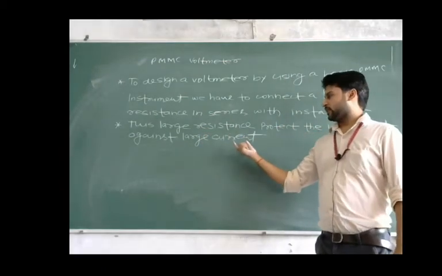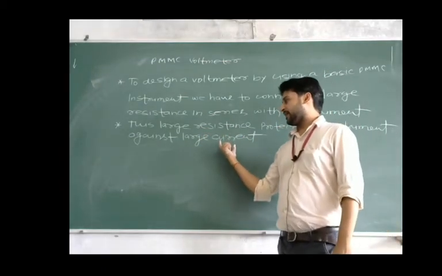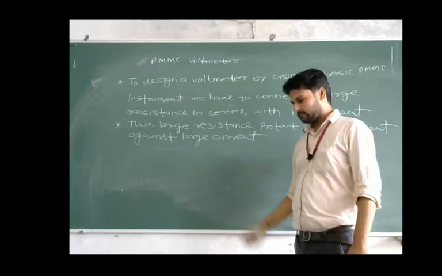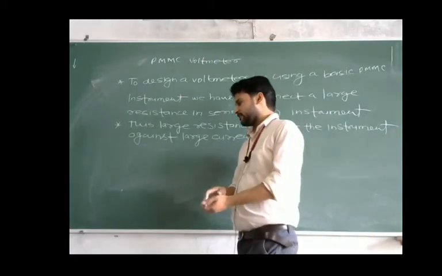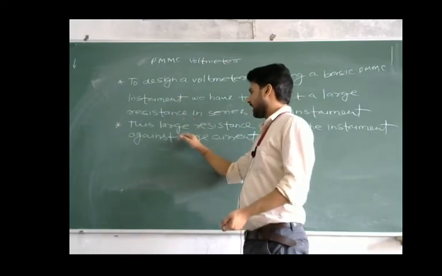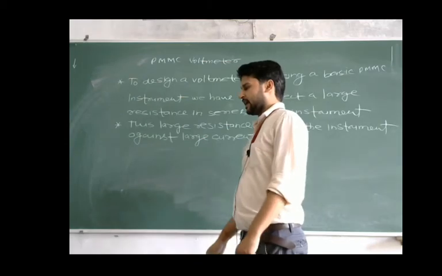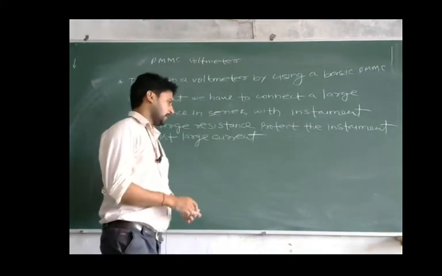It will protect the ammeter from passing a large current. So this will reduce the current which is passing through the instrument, because the series resistance has a very large value.